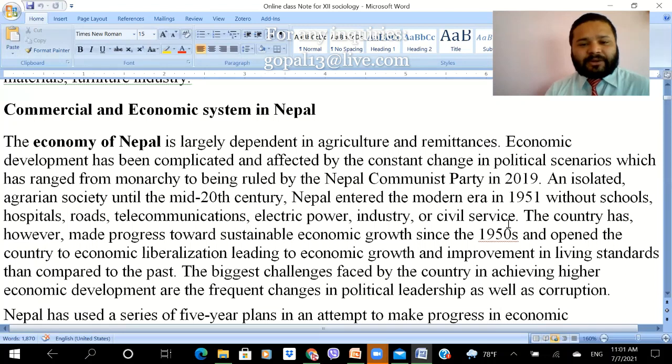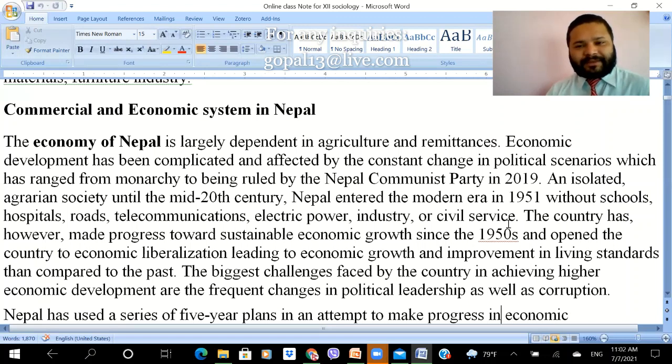And then what we need to understand is that our commercial and economic development is very gradual. That is the main point that we need to understand. The political instability is the main reason for all the hindrances in all sectors.